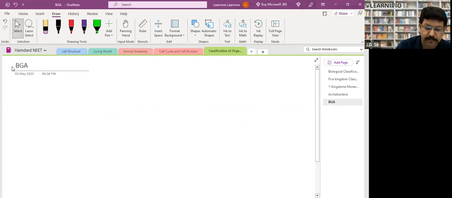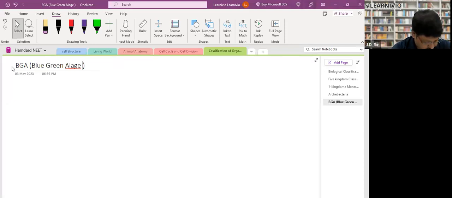BGA stands for blue-green algae. They are a type of eubacteria. The diagram given in your NCERT is of Nostoc, basically in eubacteria. You can see it on page number 19.